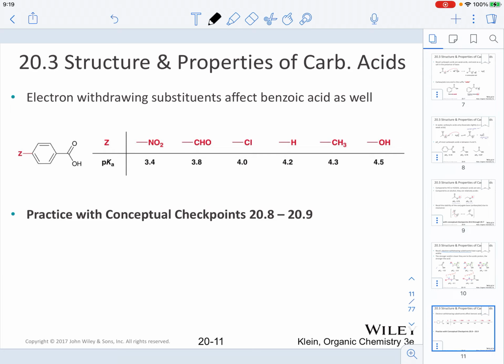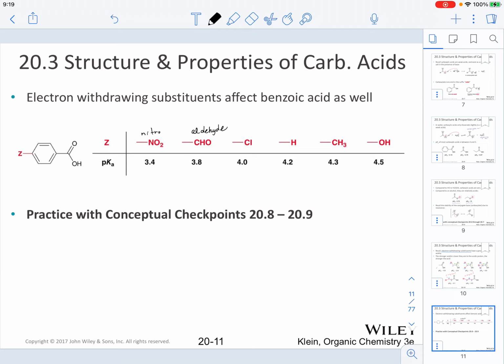So for example, if we compare different groups, like a nitro group versus an aldehyde, so this is a nitro group, this is an aldehyde, versus a chloro group versus just having a hydrogen, a methyl group, or even a hydroxyl group.